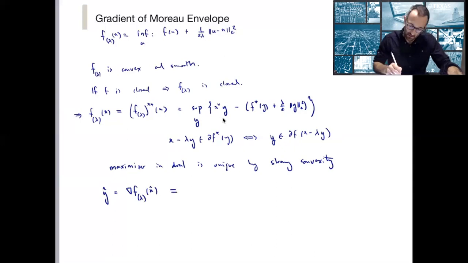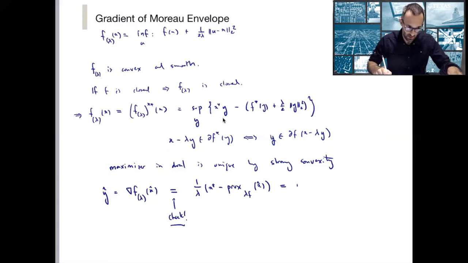And you can check that this in turn is equal to 1 over lambda times x hat minus prox lambda f of x hat, which in turn is equal to prox of 1 over lambda times f star of x hat over lambda.